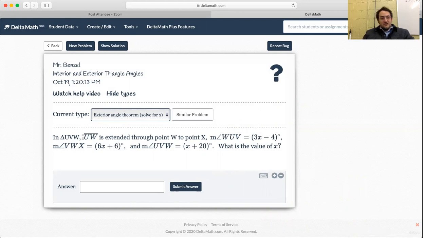All right, so here I have a triangle called UVW. So I'm just going to draw a picture of it, since it says to draw a picture of triangle UVW.